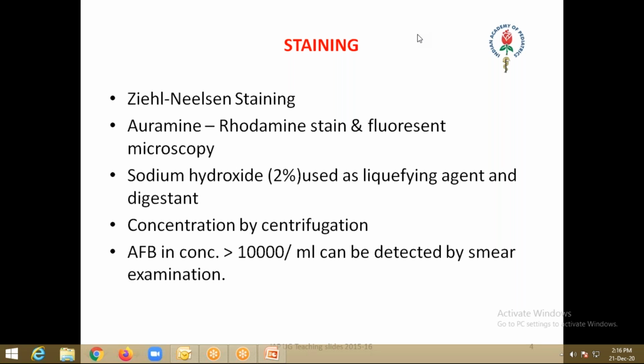The concentration is obtained by centrifuging the specimen, and AFB in a concentration of greater than 10,000 per ml can be detected by smear examination. So if you take 1 ml sample of, say, gastric fluid or bronchoalveolar aspirate, send it for a smear, and if you detect more than 10,000 AFB concentrations, then it is positive.